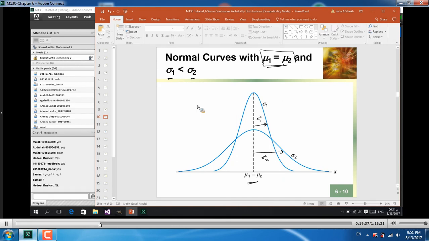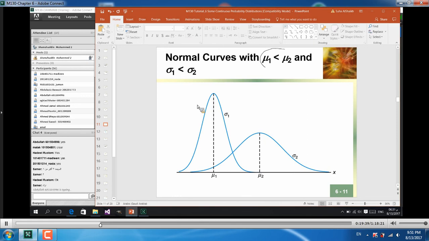And now in this example they are showing you again two distributions. Each one of them has a mu and a sigma. Exactly, the width of the curve is the sigma. Mu 1 is less than mu 2, so this mu 1 is smaller. I get bigger when I go to the right, right? Don't I get bigger when I go to the right? So mu 1 is less than mu 2 and sigma 1 is greater than sigma 2. The width of sigma 2 is more than sigma 1.